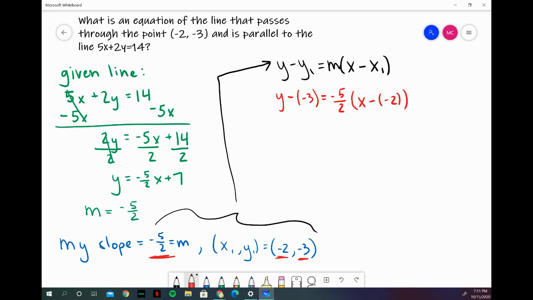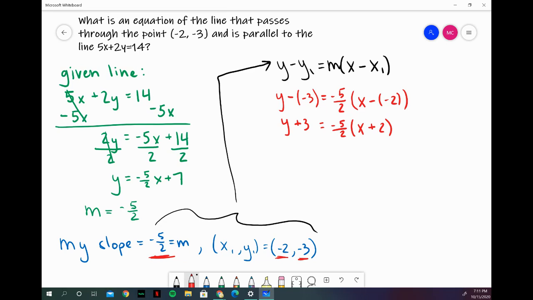And now we're going to simplify this because step 4 says simplify your line into slope-intercept form. I know that subtracting a negative is the same thing as adding, so I'm going to rewrite this as y plus 3 is equal to -5 over 2 times x plus 2.